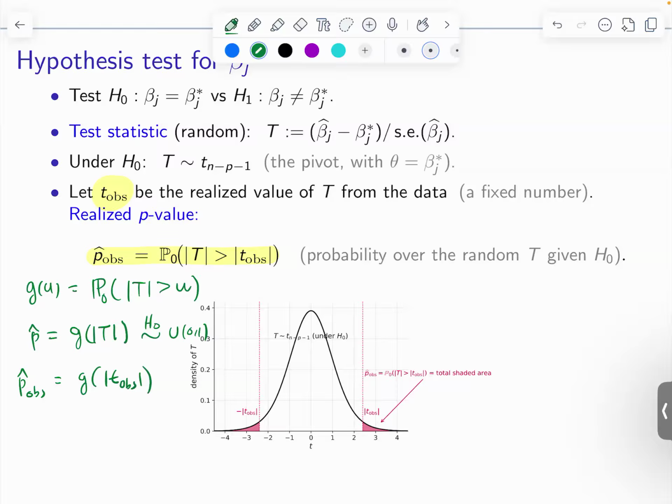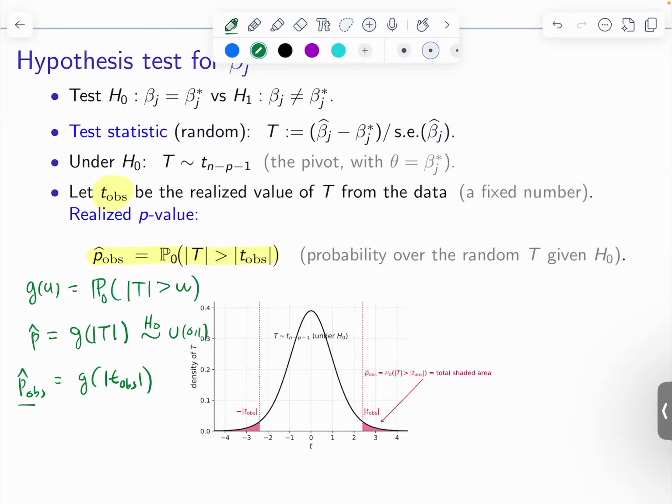If we evaluate it at the observed value, let's say, a little bit pedantic here, it would be a number, and that would be the realized value of the p-value. Some people would call that p hat, the p-variable, if you're really pedantic. Often that's just called the p-value, but you have to make sure you understand.